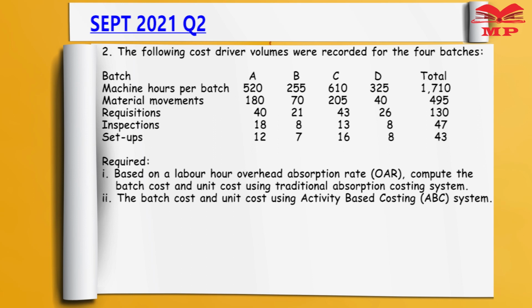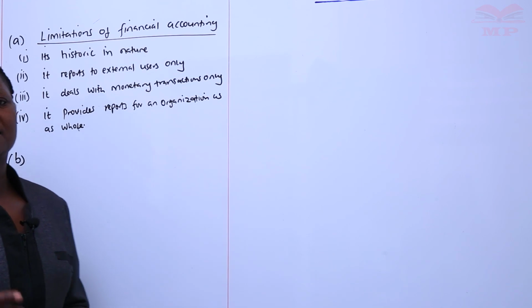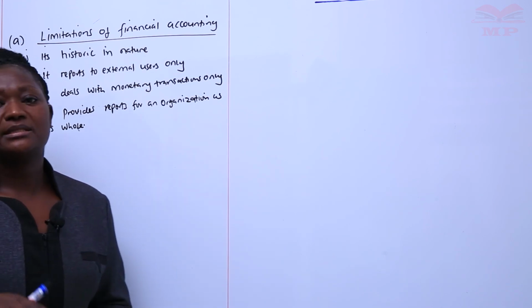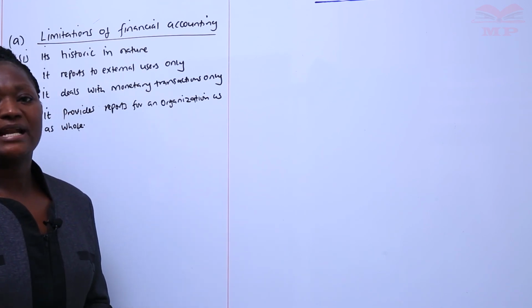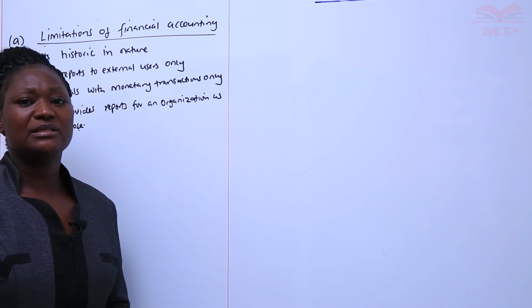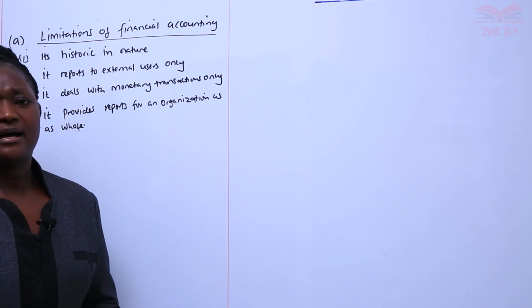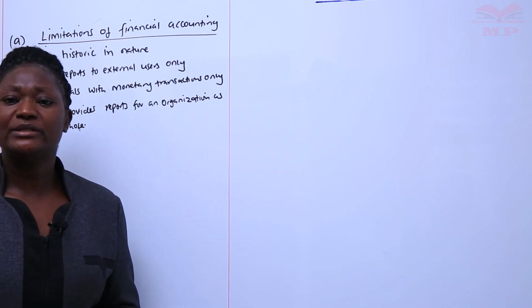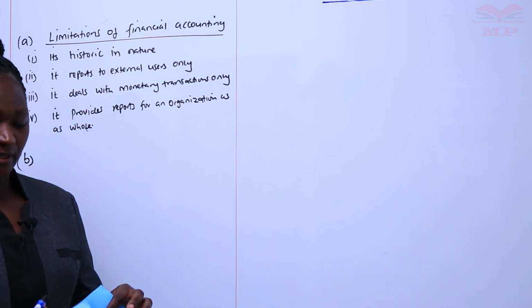When we use traditional absorption rate system, we are basing on activity levels, such as where we use methods such as labor hour rates. We can use machine hour rates. We can use units produced and so on.